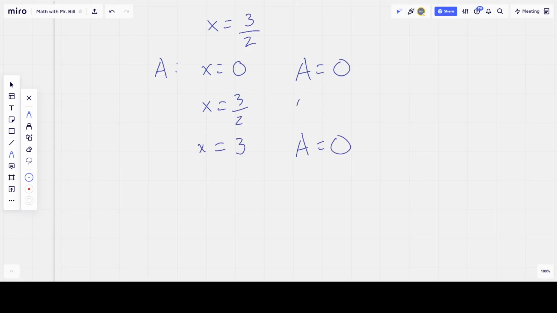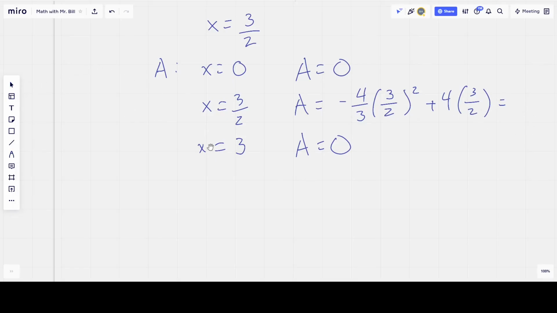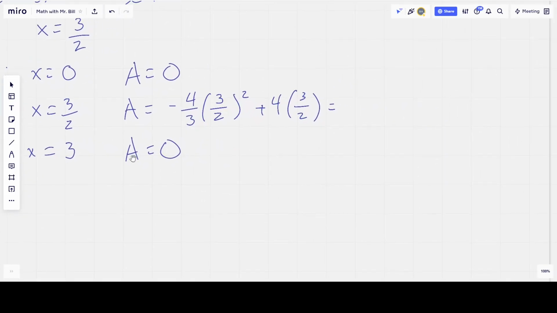And then if we plug 3/2 in, that's a little bit more work, but we get negative 4/3 times 3/2 squared plus 4 times 3/2. The 3/2 squared is 9/4, so we get negative 4/3 times 9/4 plus 4 times 3/2, which is 6.